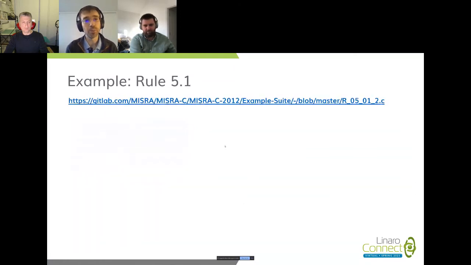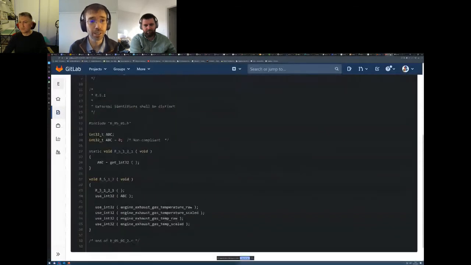A different example is the one we see here in the browser, about ID length. So older compilers will truncate IDs, variable names or function names, and what will end up is you will end up calling the wrong function or using the wrong variable by mistake.